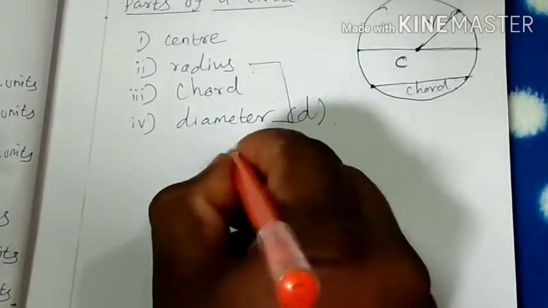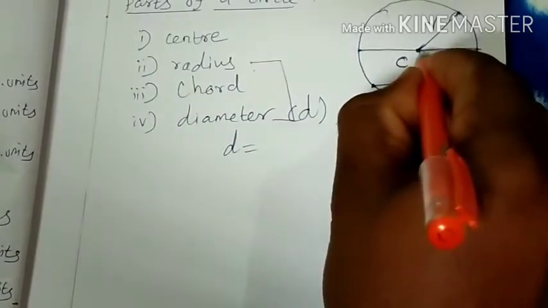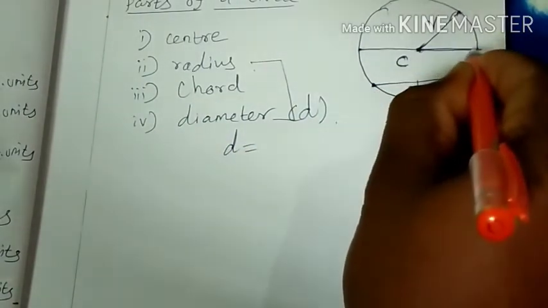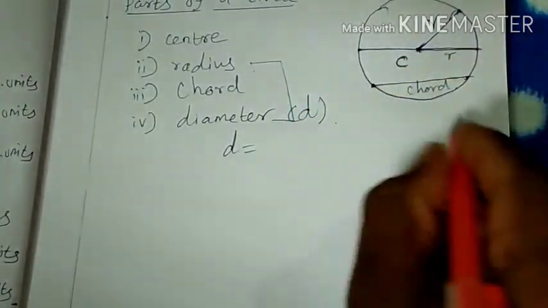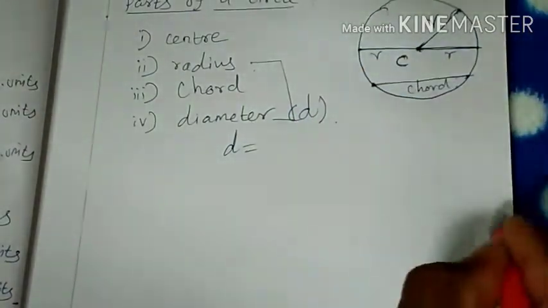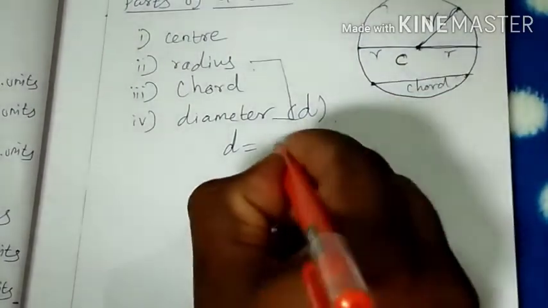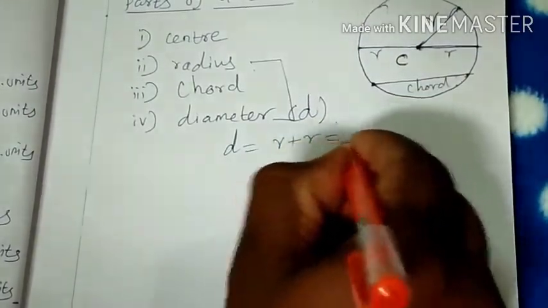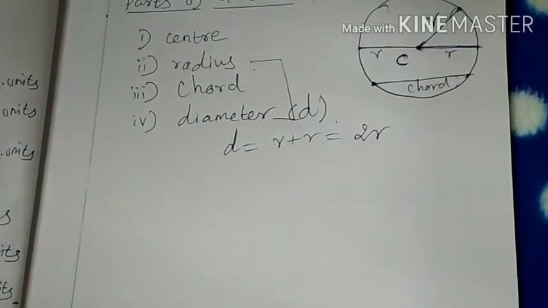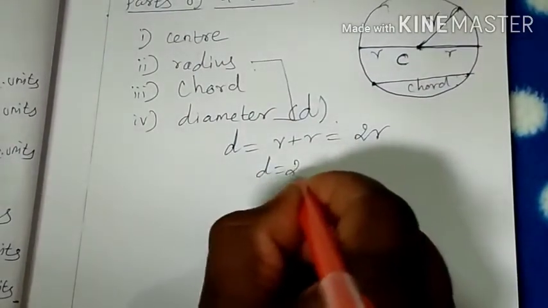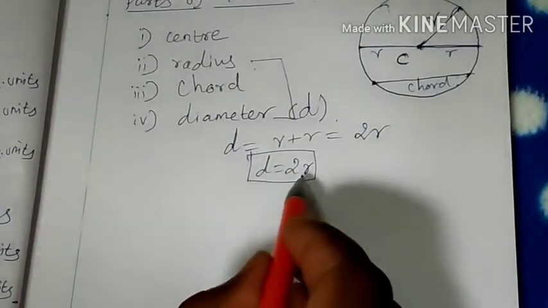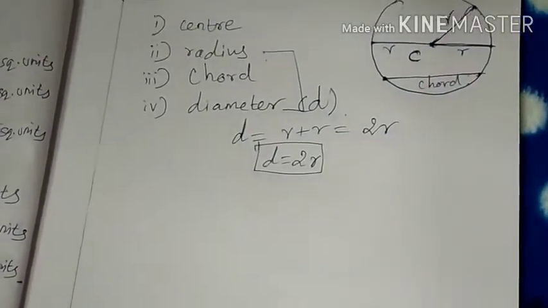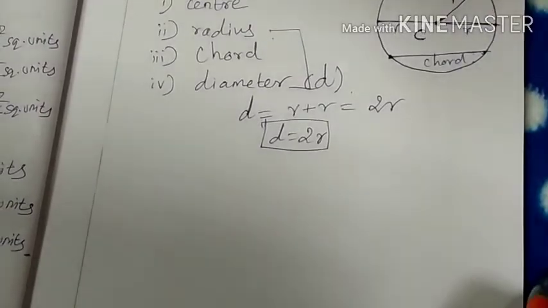This is a constant distance, and this is another constant distance, this is one r, and this is one r. So the diameter d is equal to r plus r, that is 2r. This is your formula: d is equal to 2r. This is the relation between radius and diameter. Have you understood?